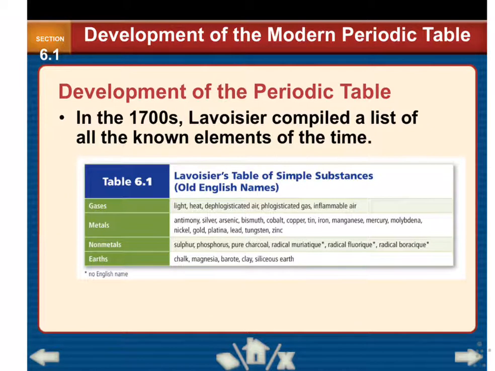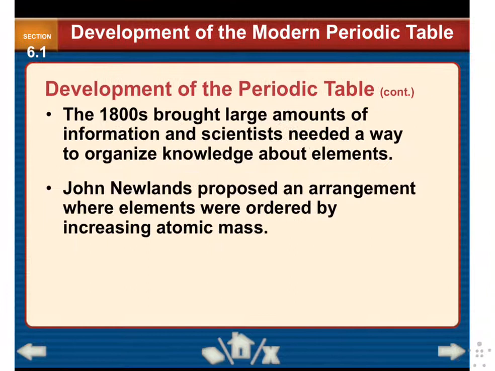So the story begins in the 1700s when a guy named Antoine Lavoisier compiled a list of all the known elements at the time, which at that time there were only 33 known elements. So he just took all the information that was out there and put it into one place. And nothing much changed for quite a while.